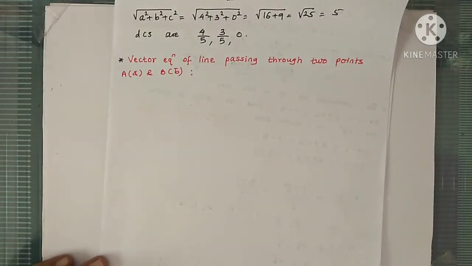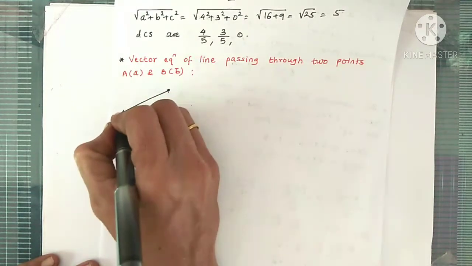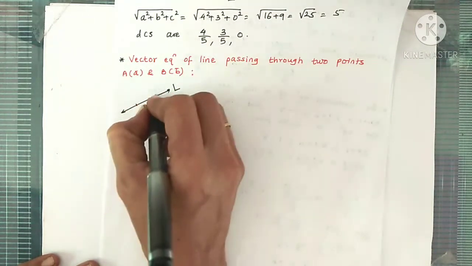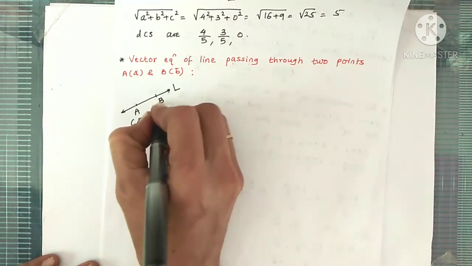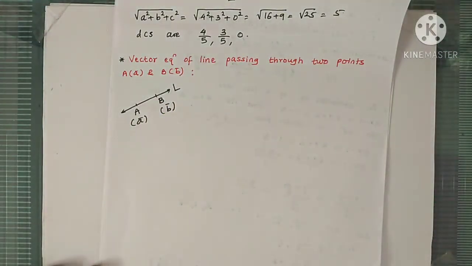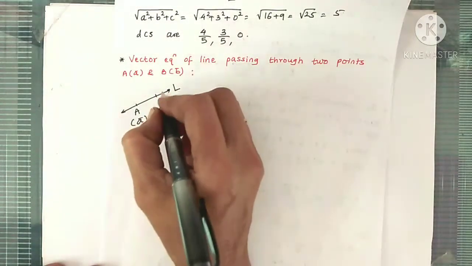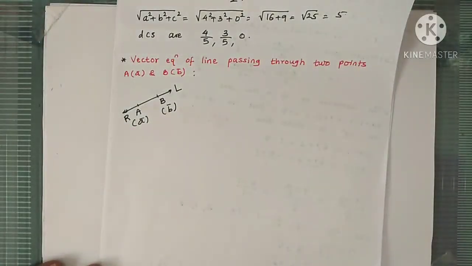Before solving another question, let's derive the vector equation of a line passing through 2 points, points A and B. So A has position vector a bar and B has position vector b bar. So if we consider this line, say L, and if we have 2 points on the straight line, A with position vector a bar and B with position vector b bar, to find the equation of the line means we have to find a condition for any point R on the straight line.